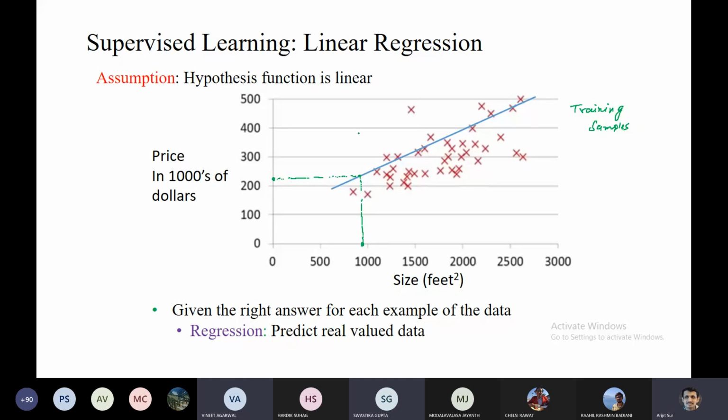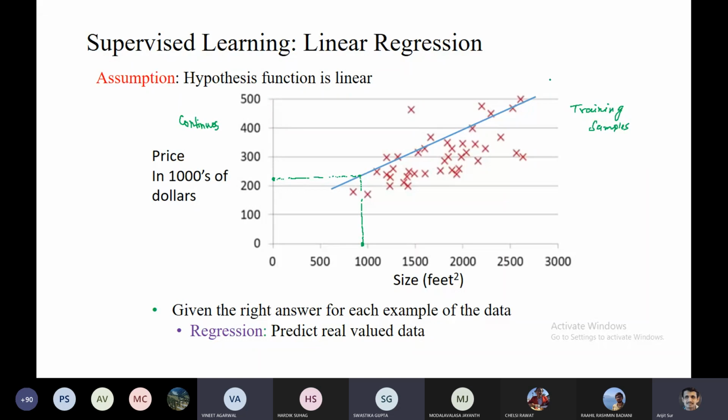The major purpose of this line is that for any x value, we can get the y value, and you see the y value is continuous in nature, and that's why it is called regression. Another important thing: why is it called linear regression?